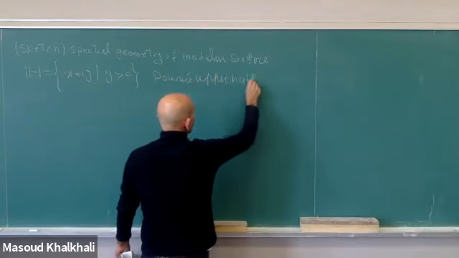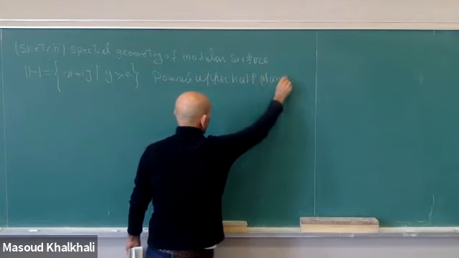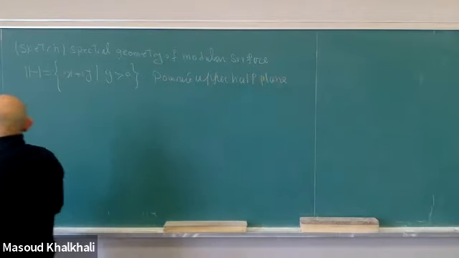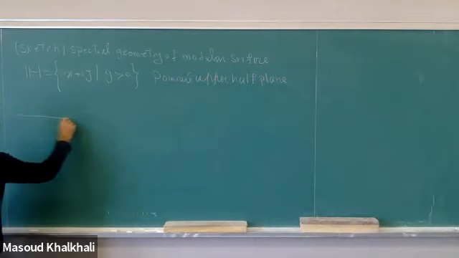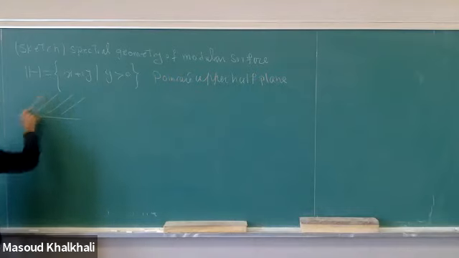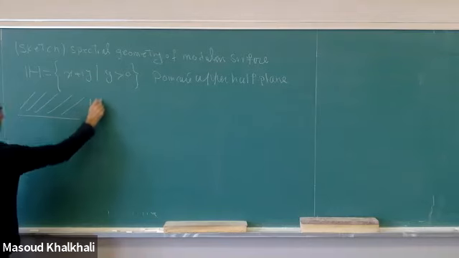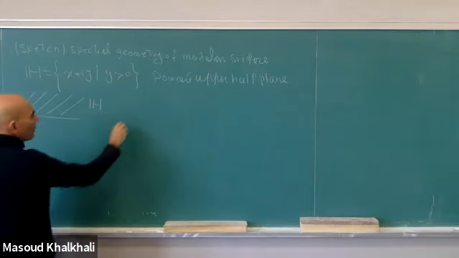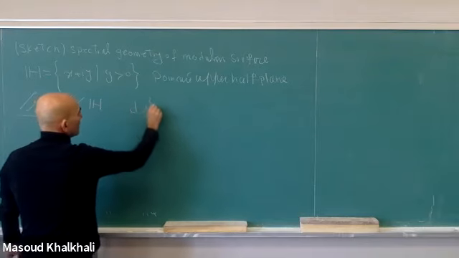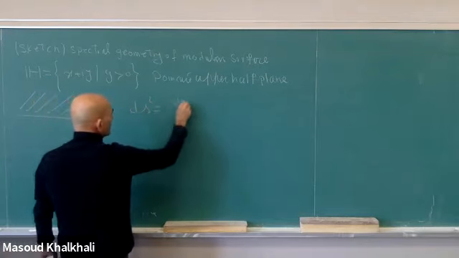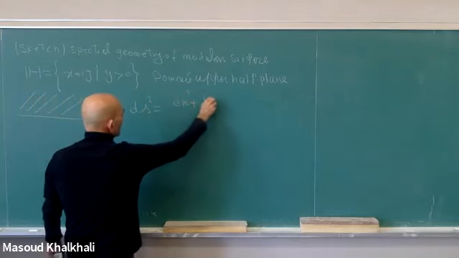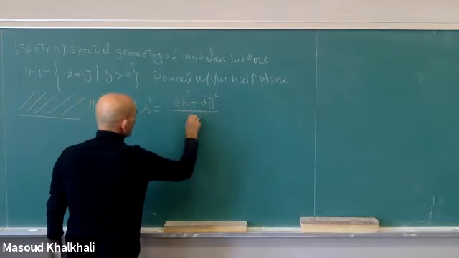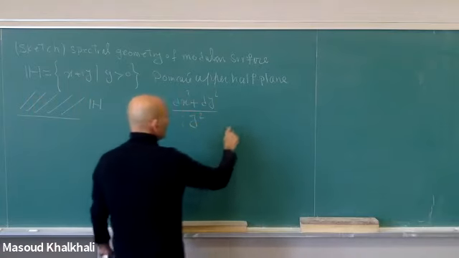Well, I mean, it's a smooth manifold, and then we also discussed a Riemannian metric, the Poincare metric, ds squared equal to dx squared plus dy squared over y squared. So this is the Poincare metric.